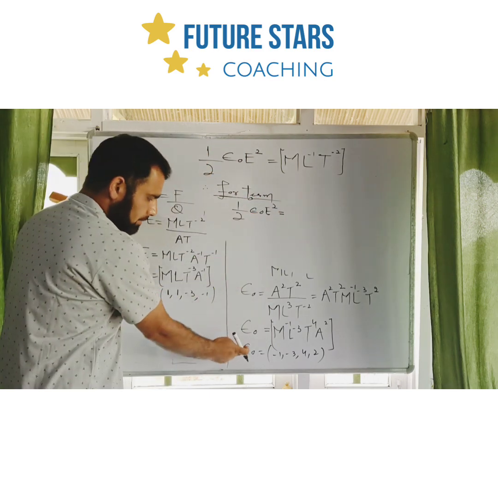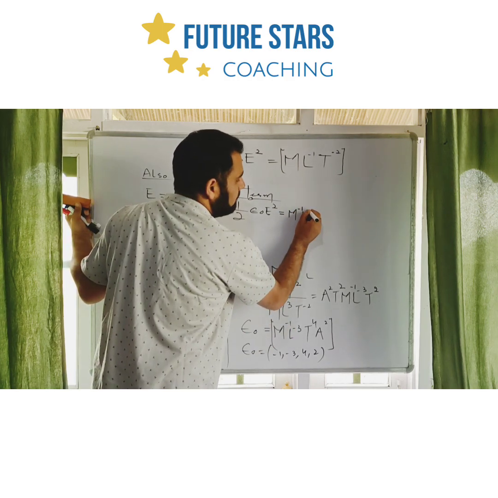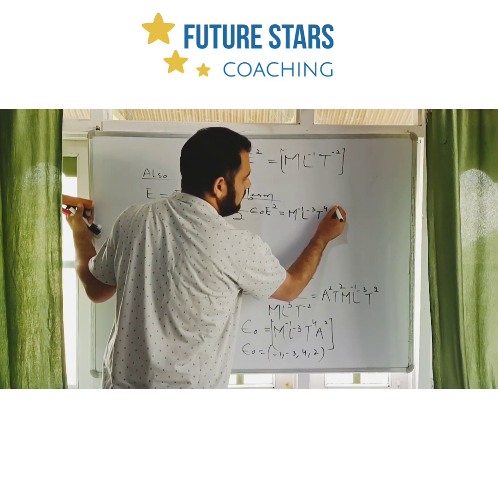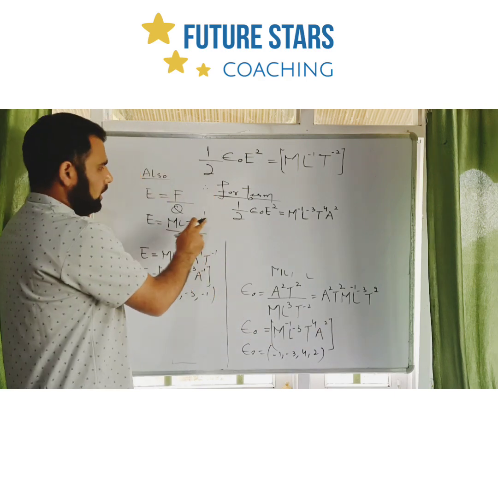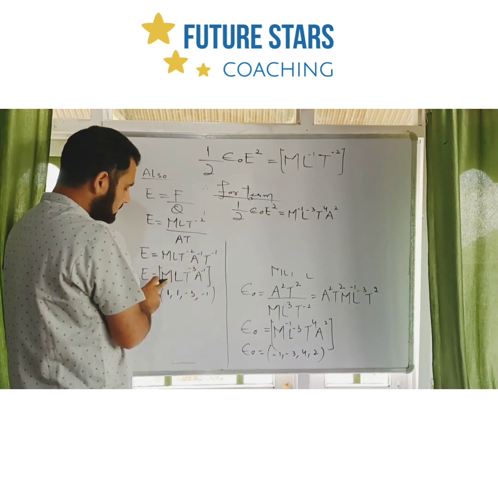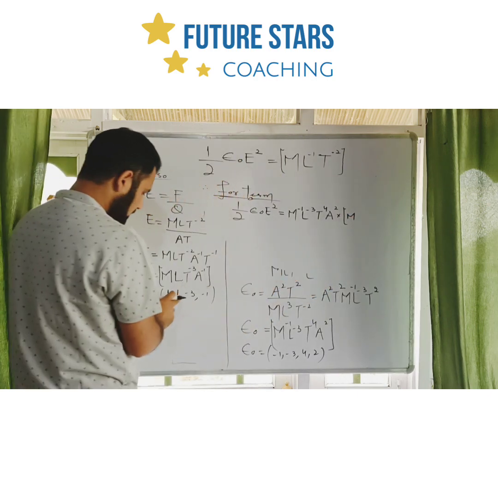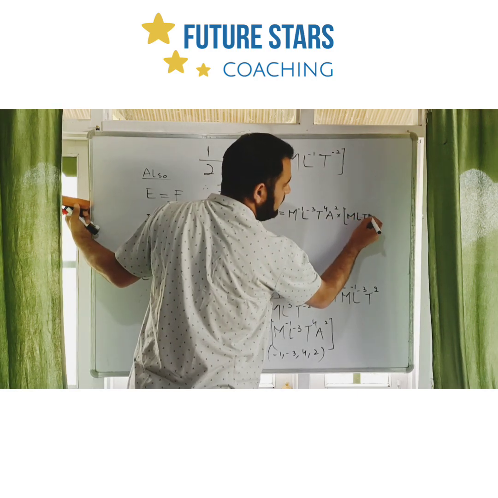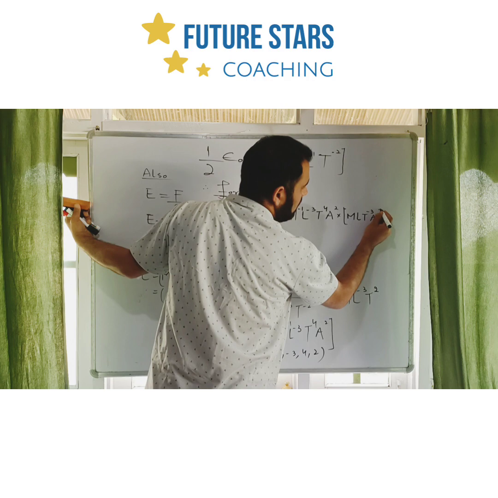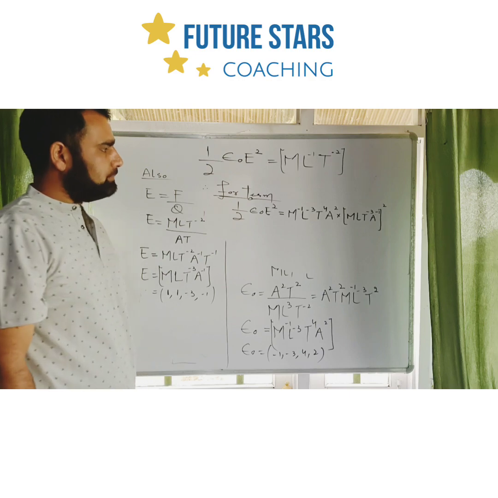Epsilon naught has dimensional formula M raised power minus 1, L raised power minus 3, T raised power 4, A square, into electric field square, so it is the square of the electric field: M L T raised power minus 3, A raised power minus 1, whole square.